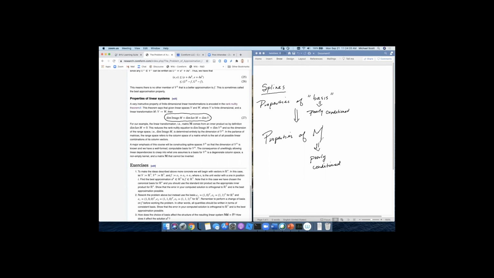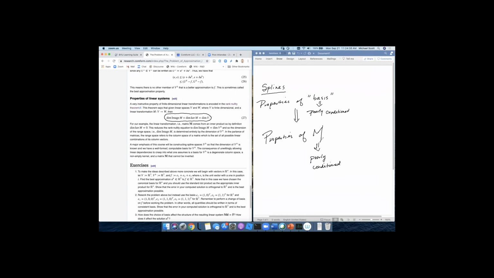And likewise, if you get the basis right, then you can discretize a huge array of operators that maybe you couldn't do before. So it's kind of a two-edged sword. But we know how to do this. We know how to control this stuff. So we'll talk about how to do it.